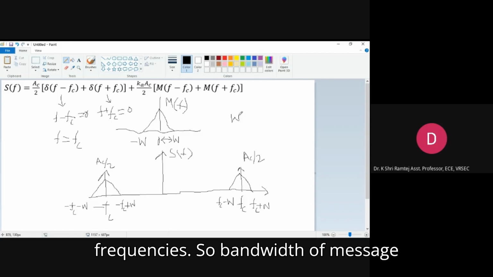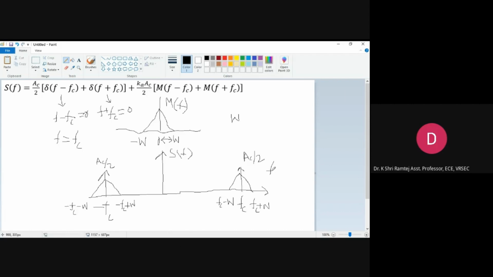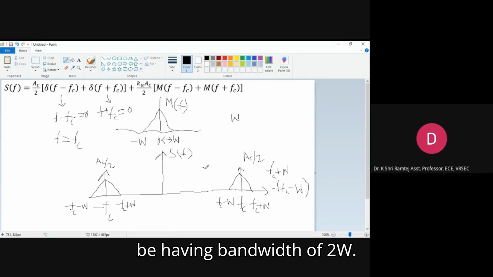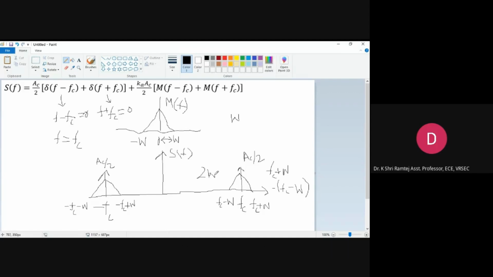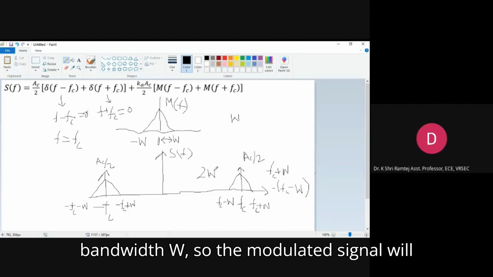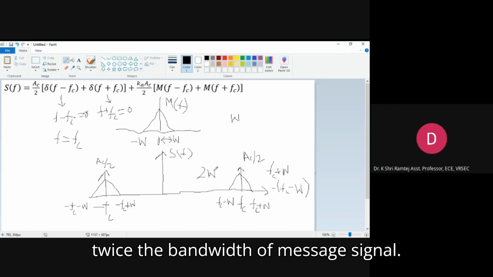The bandwidth of the message signal is W, and the bandwidth of this AM wave is fc plus W minus the lower limit, that is fc minus W. So fc will be cancelled out and we will have a bandwidth of 2 into W. So if we modulate a message signal of bandwidth W, the modulated signal will have a bandwidth equal to twice the bandwidth of the message signal.